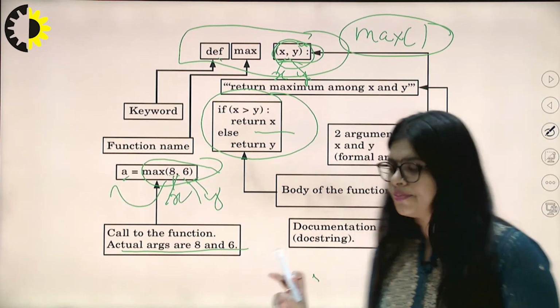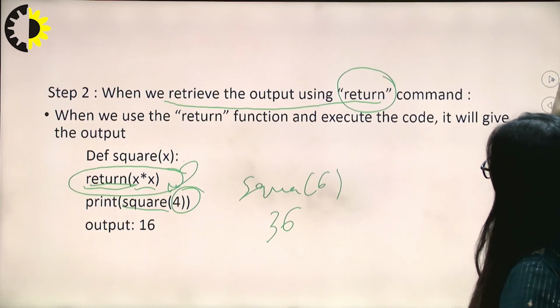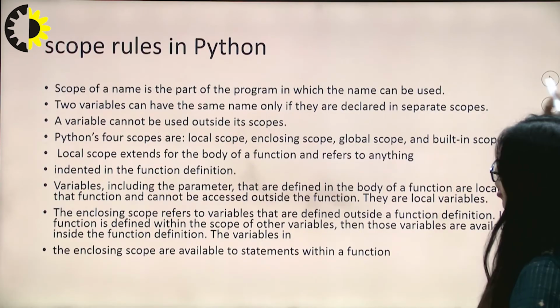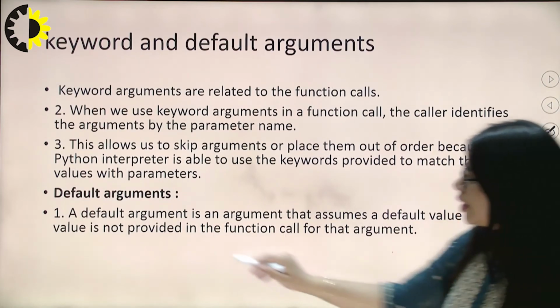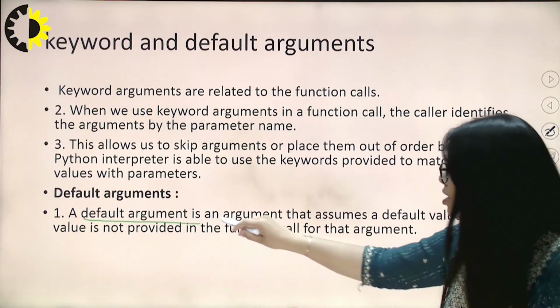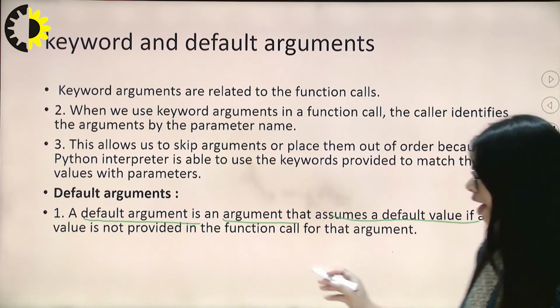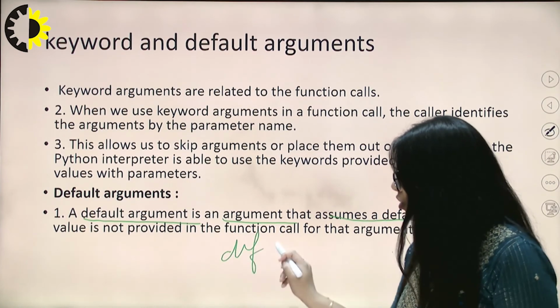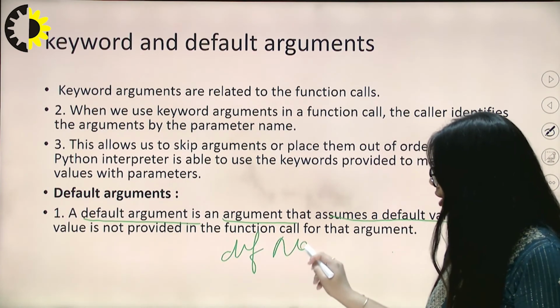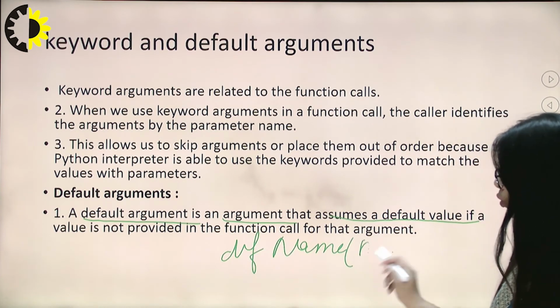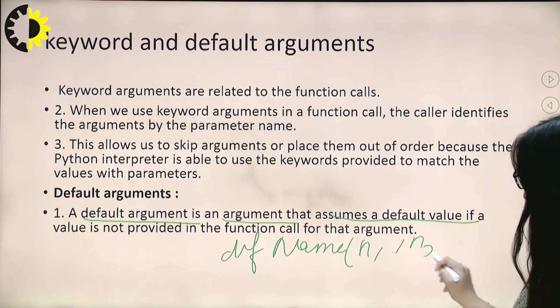In case of a default argument, it is an argument that assumes a default value. Suppose we have to define a function called name, and we give 2 arguments, n1 and n2.